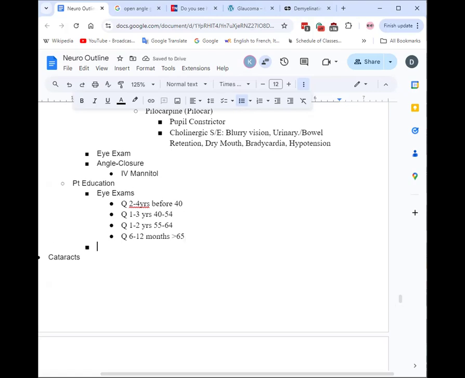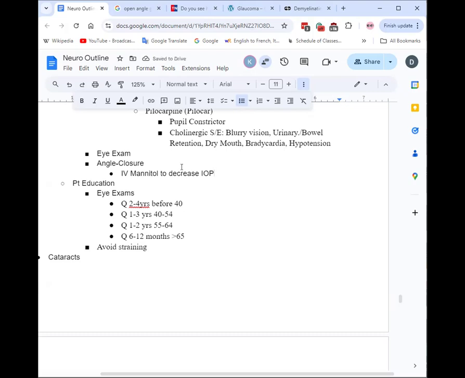You want to avoid things that cause increased intraocular pressure, like straining. Only other thing is that when it comes to angle closure, they specifically give IV mannitol to decrease IOP.